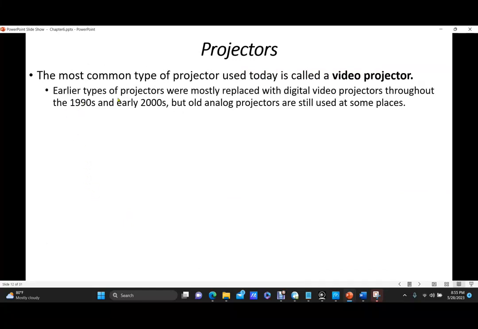The most common type of projector is the video projector. Earlier projectors were mostly replaced by the digital video projectors in the 1990s and early 2000s. But you can still find some of the old analog projectors in some places.